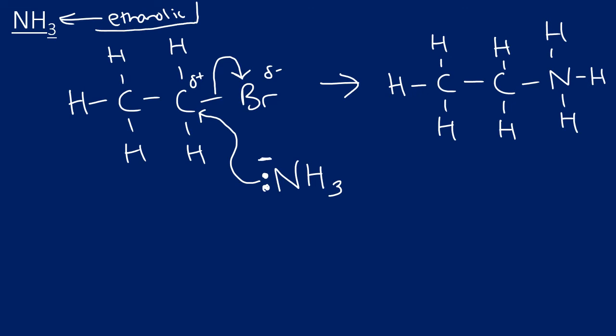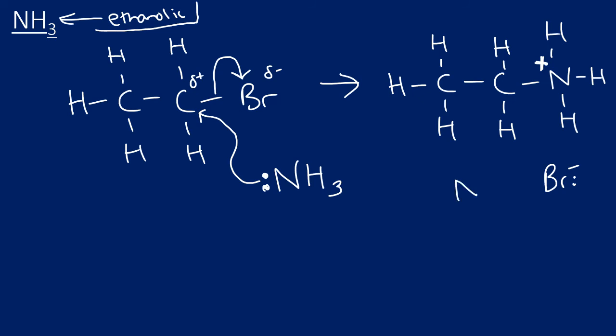Now ammonia does not have a negative charge, so once it's formed the bond with carbon, it becomes positive. So we need to show a positive charge on the nitrogen over here. And yes, we do have Br-. So this reaction has not finished. There's an extra step that's going to happen here.